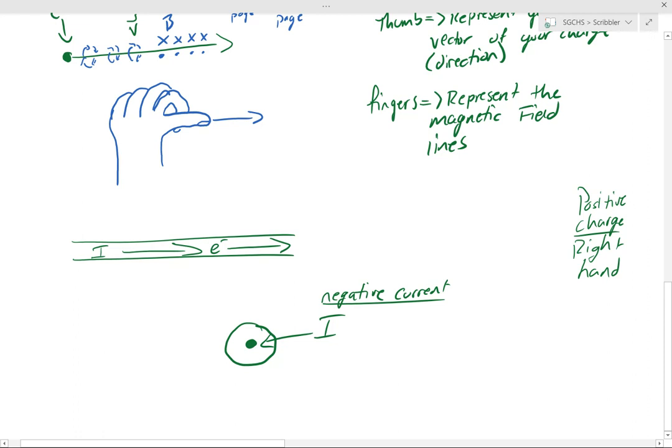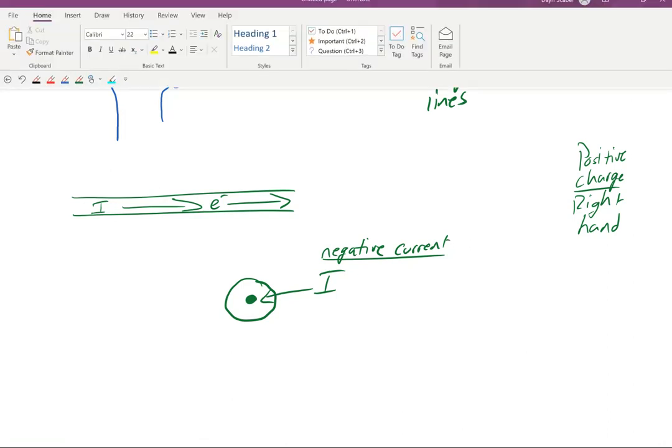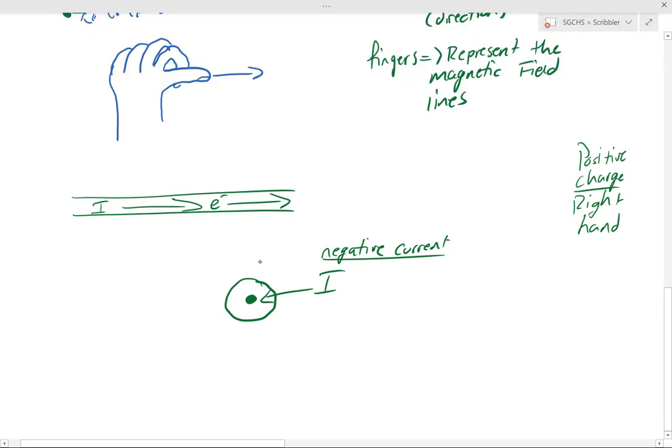So you're going to use your thumb, and you're going to point it towards your forehead or however you're looking at the screen. You're going to point your thumb out of the screen, and your fingers are going to wrap around that wire. So a magnetic field is going to surround this wire in a clockwise direction. That's how your magnetic field would surround that wire.